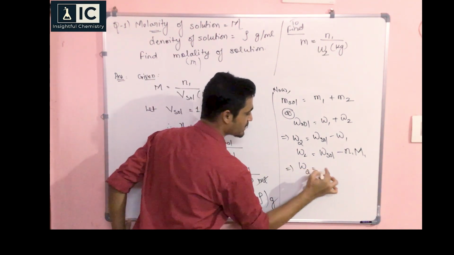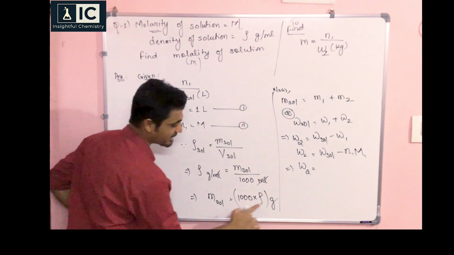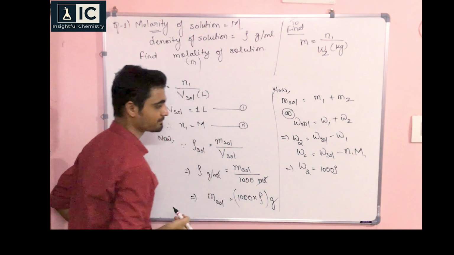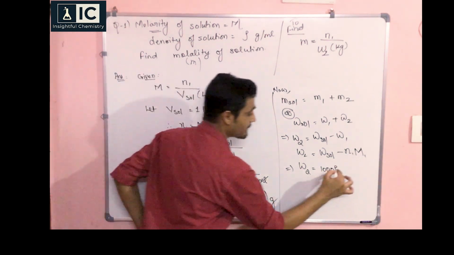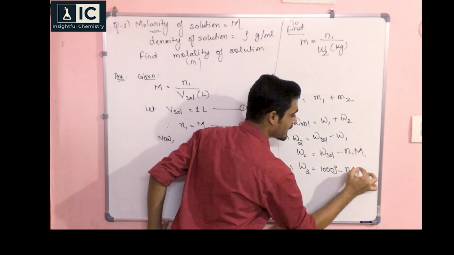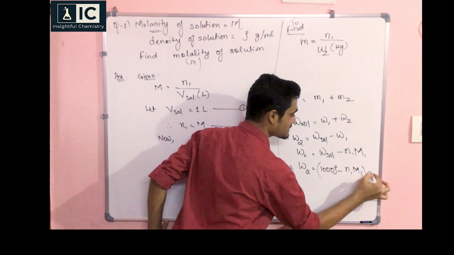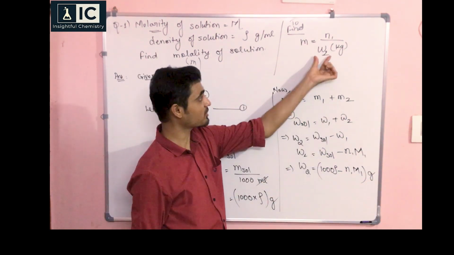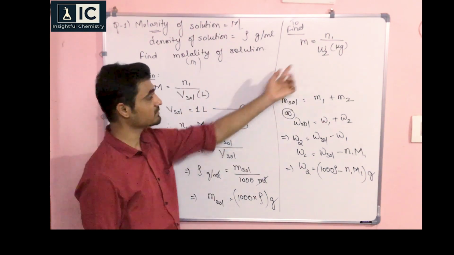So W2 will be equal to, W solution is 1000 rho minus N1 M1. This is in gram. Now you have got everything. W2 I have got, N1 I have got, right? Both.